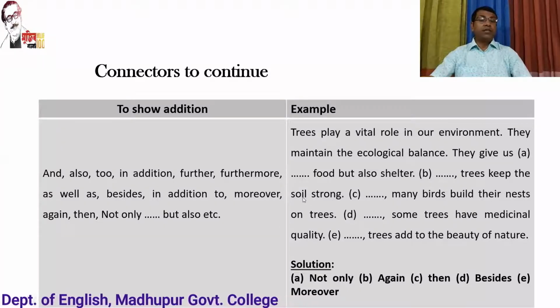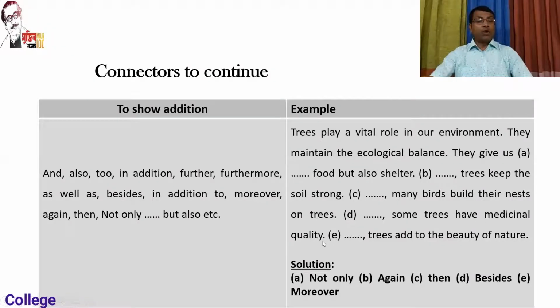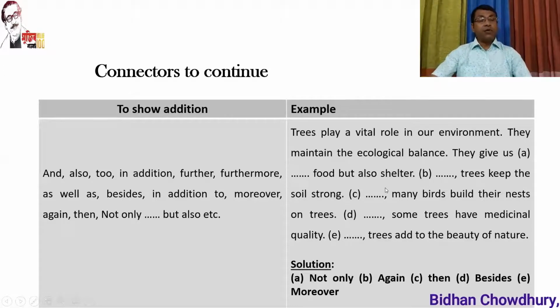Trees keep the soil strong. Number C, again a gap. Many birds build their nests on trees. Number D, some trees have medicinal quality. And number E, trees add to the beauty of nature. So all the sentences give us information about the necessity or good sides of trees, what benefits we are getting from trees.